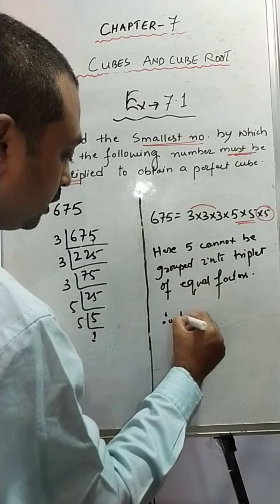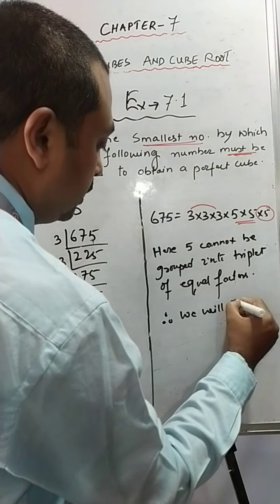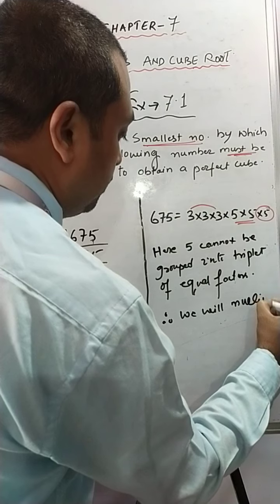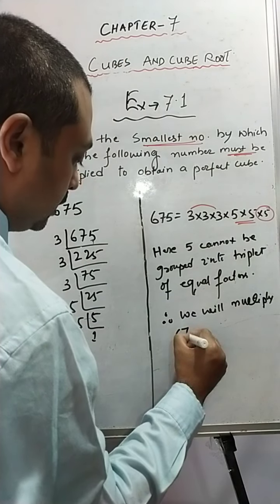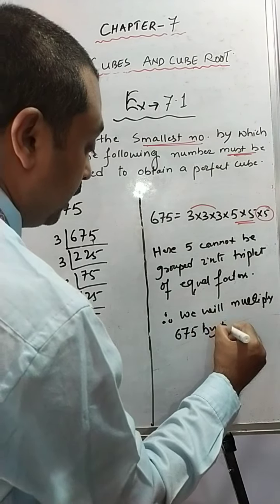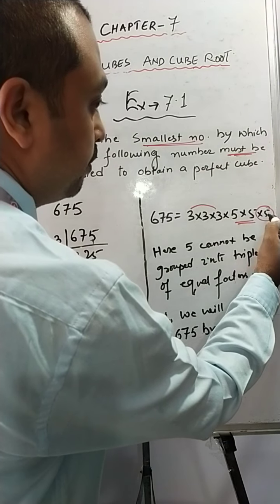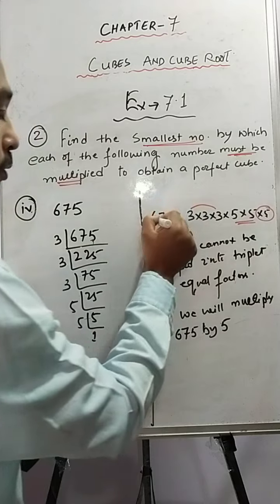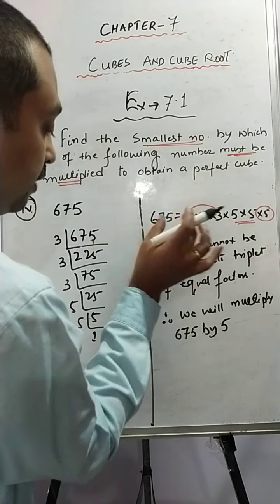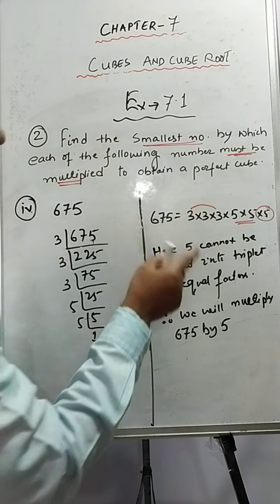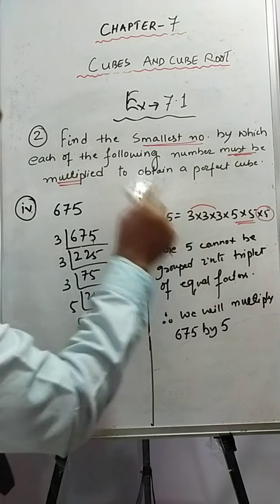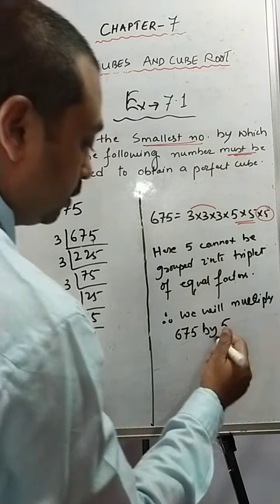So therefore we will multiply 675 by 5. Okay, so on the right hand side, how many 5s are we multiplying? Only 5. The same thing we have to do on the left hand side also. That is, 5 is the smallest number that needs to be multiplied by 675 to make it a perfect cube.